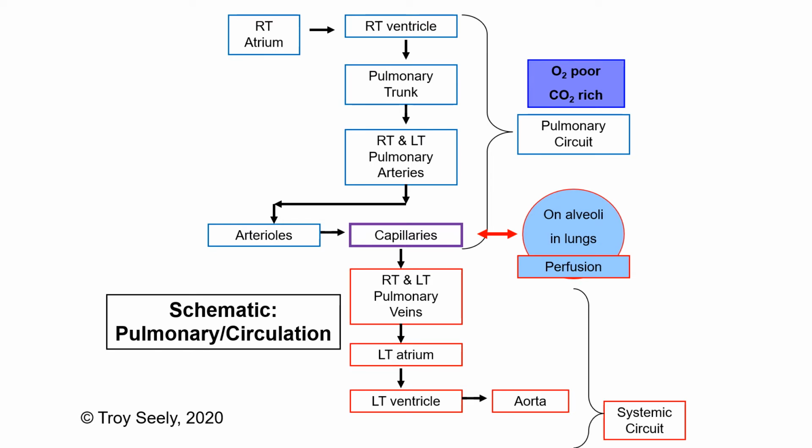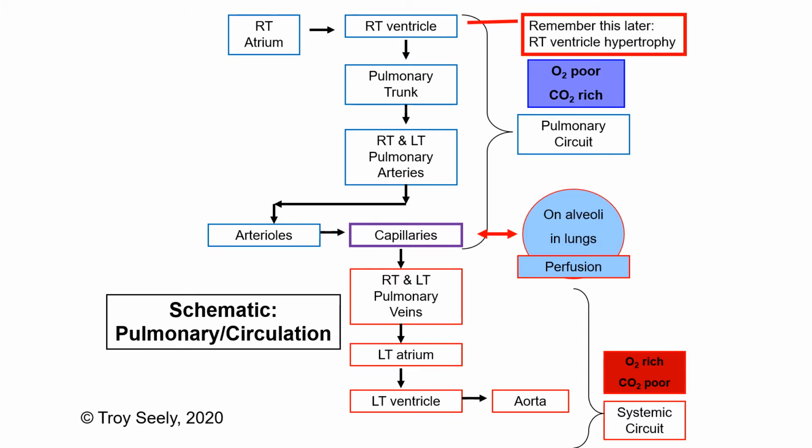That's a bit of a visual representation of what we discussed on the previous slide. Nice for a review, but also highlights a couple of relevant points. First off, the contrast between the two. The pulmonary circuit is going to be O2 poor and CO2 rich. The systemic circuit, however, will be O2 rich and CO2 poor.